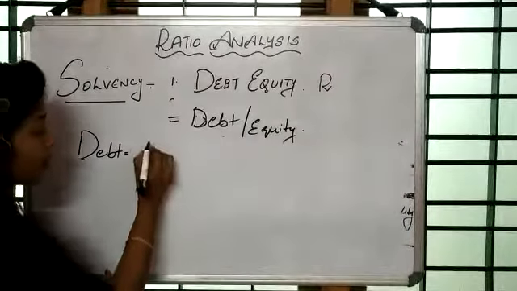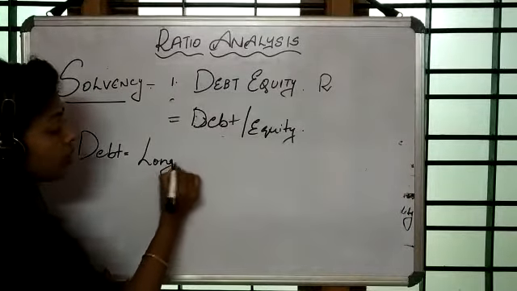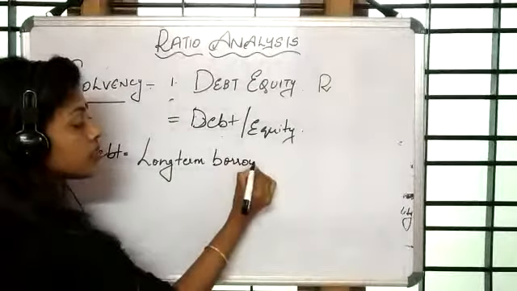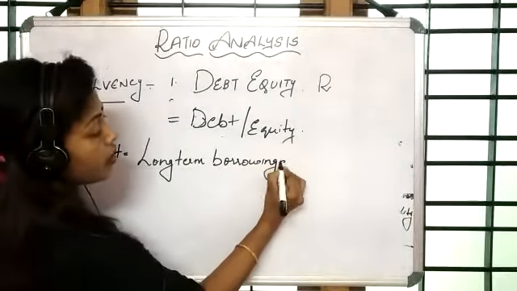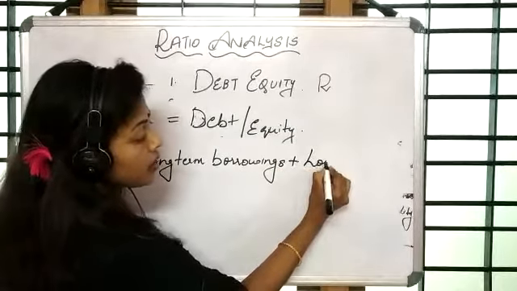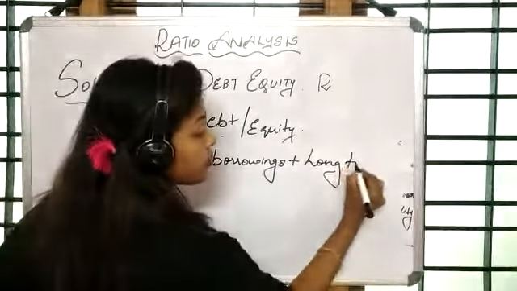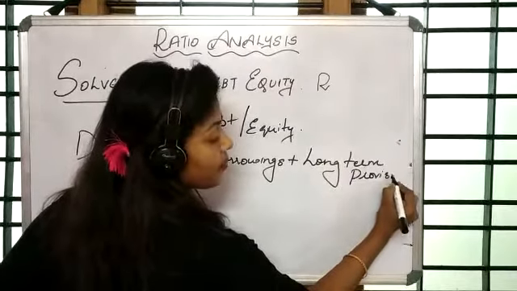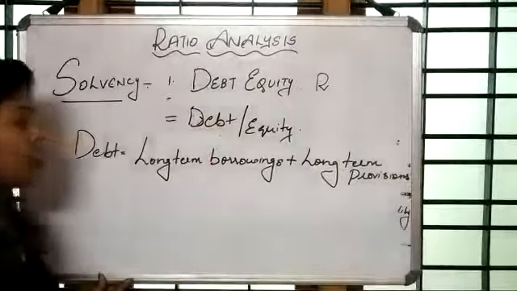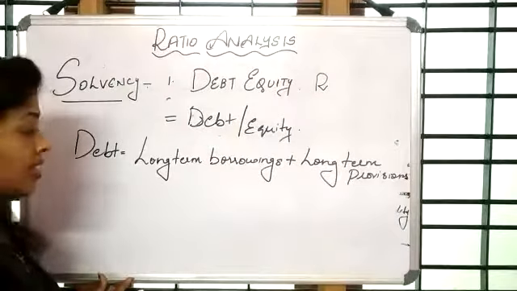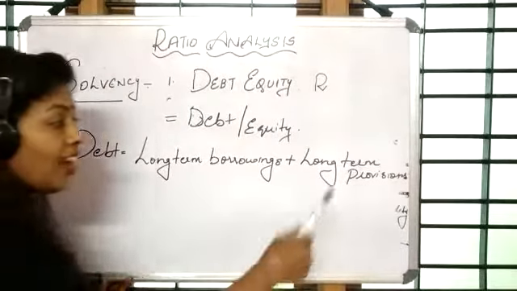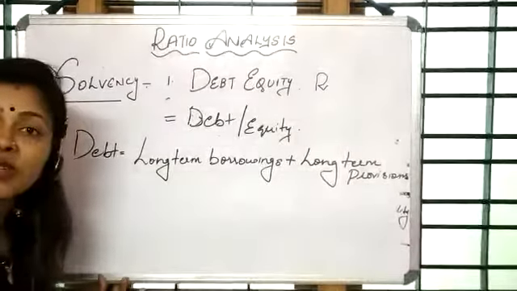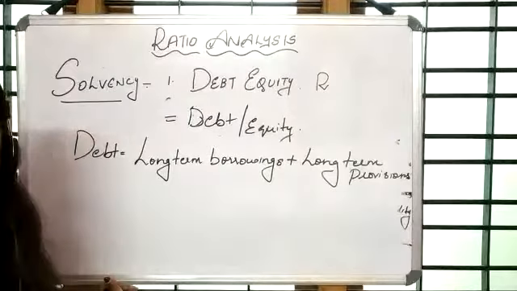Debt is equal to long-term borrowings plus long-term provisions. So what is debt? Debt is long-term borrowings plus long-term provisions. Both these together are known as long-term liabilities.